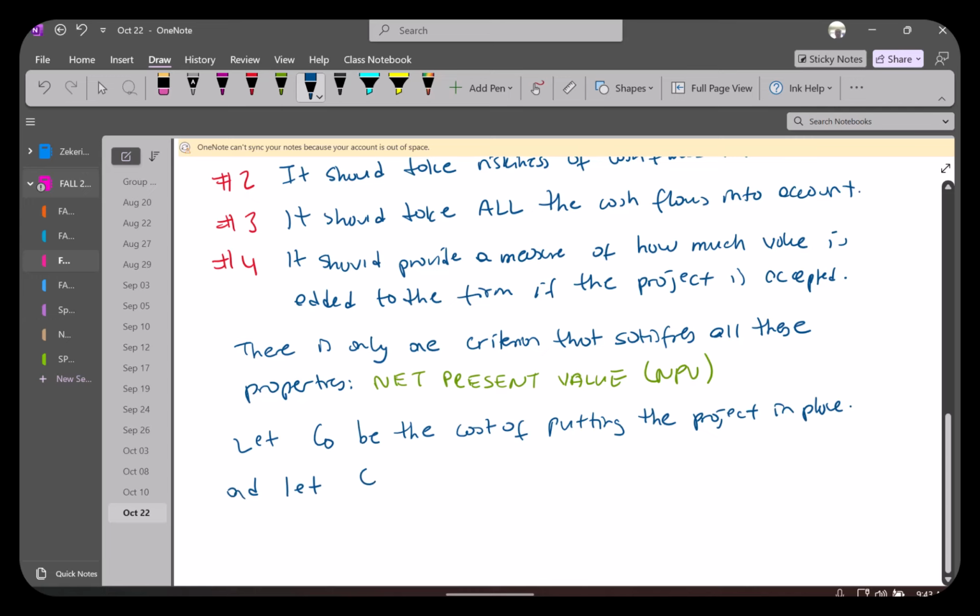And let C1 through Cn be the cash flows.